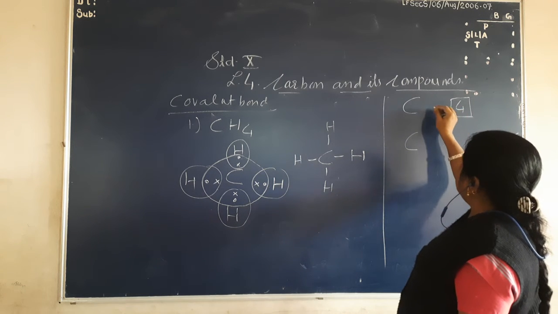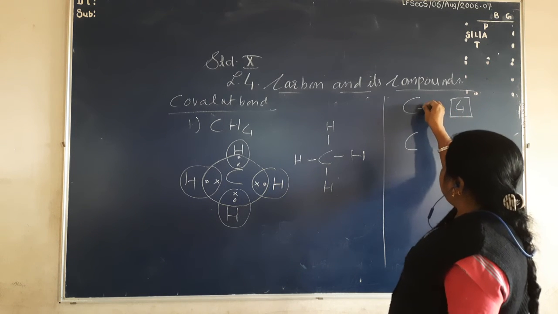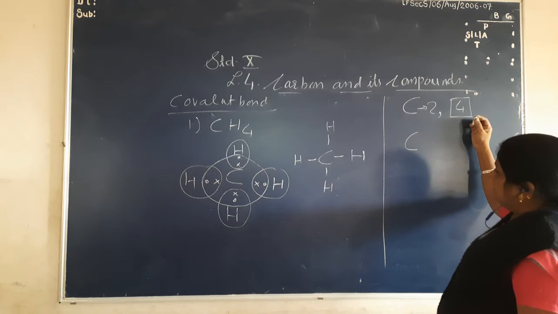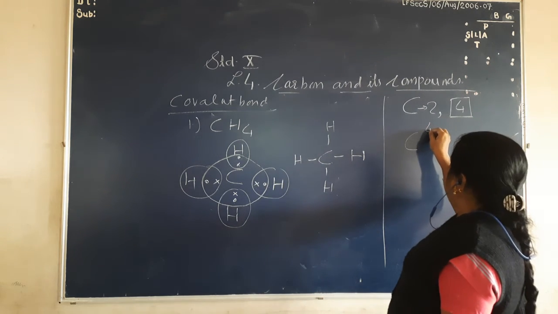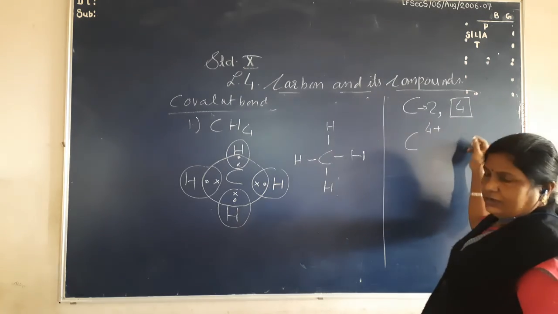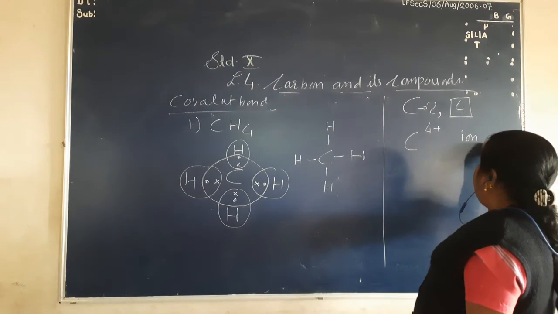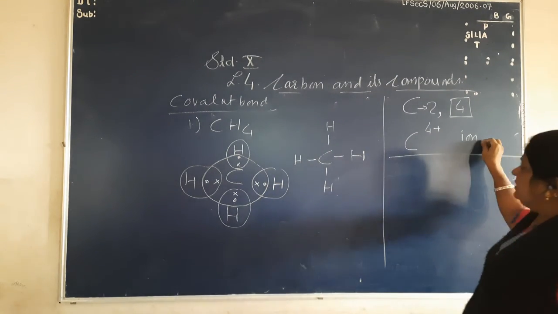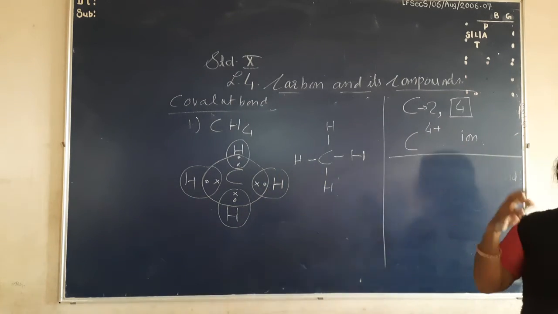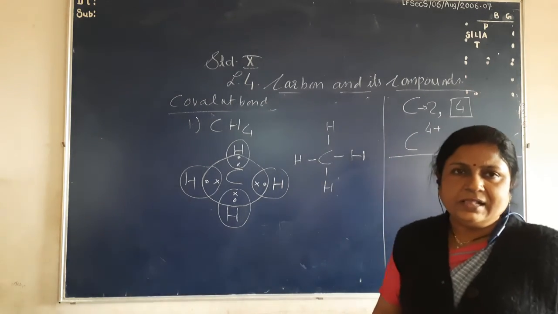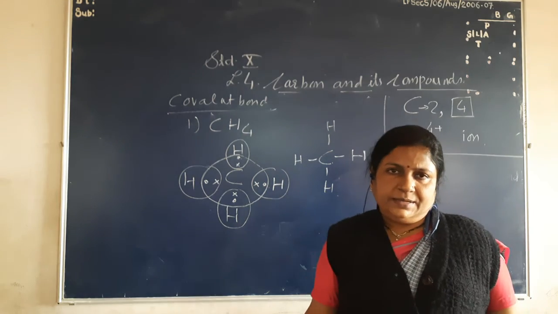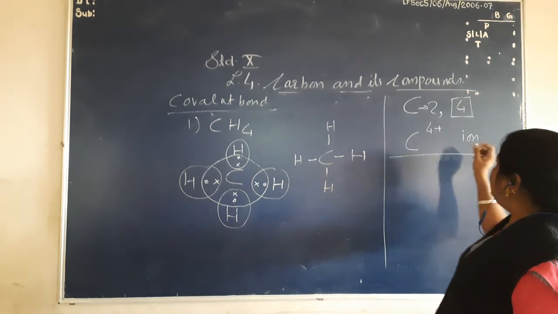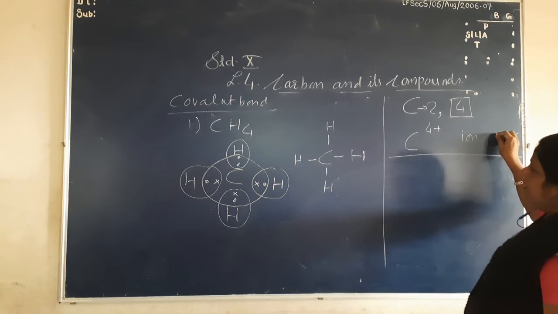If it loses the 4 electrons, it will form a C4+ ion. But it is very difficult, because to remove 4 electrons from the outermost shell we will need a lot of energy. So it is very difficult to form a C4+ ion.